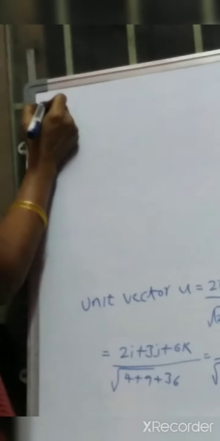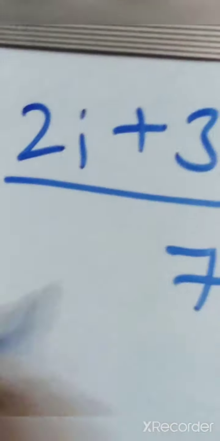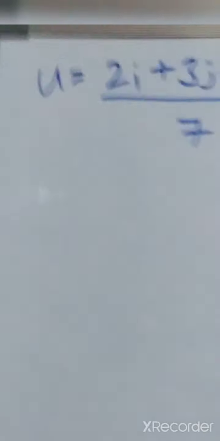So the unit vector u is equal to (2i plus 3j plus 6k) by 7. This is the unit vector.